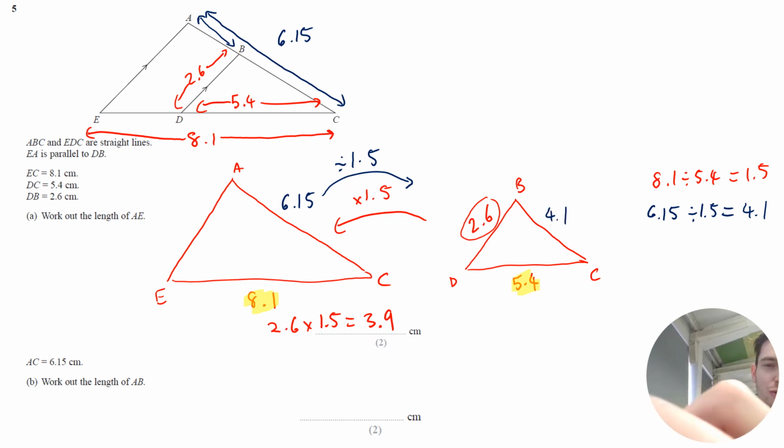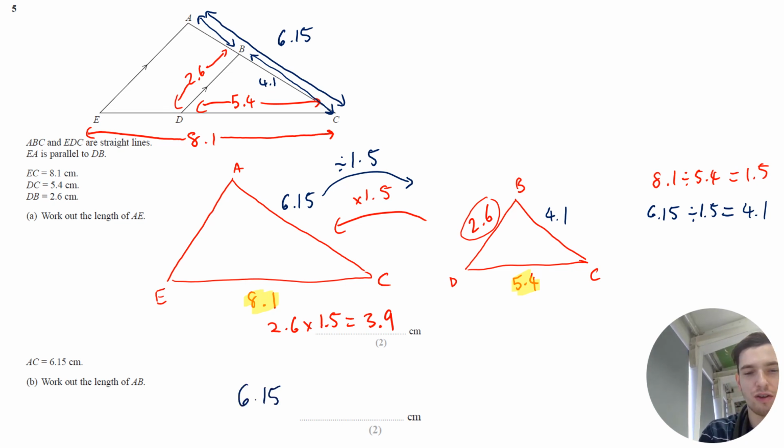And I'm actually going to draw that onto my main diagram, 4.1. But my answer isn't 4.1 because what I actually want is AB. And because you can see I've drawn on the diagram, to get that, I'm going to just do the total length minus 4.1, which was 2.05. And that is me done. Move on to the next question.